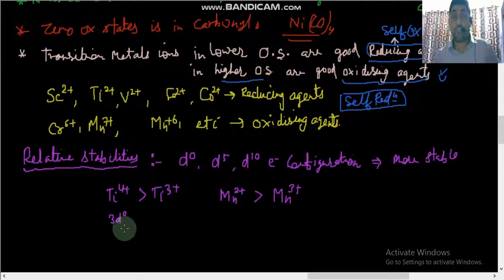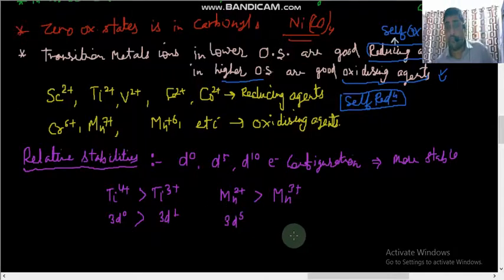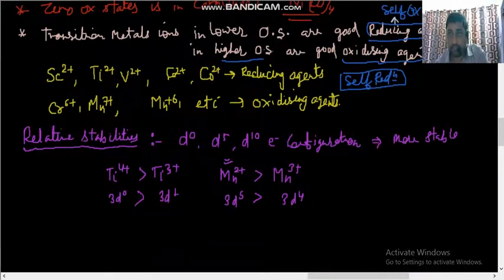In titanium 4 plus it is 3D0, and in titanium 3 plus it is 3D1. Which is more stable? 3D0, of course. Similarly, Mn2 plus has 3D5, and Mn3 plus would have 3D4. So 3D5 is exactly half filled, and it is more stable. That's why manganese 2 plus is more stable than manganese 3 plus. So in such a way you can compare.